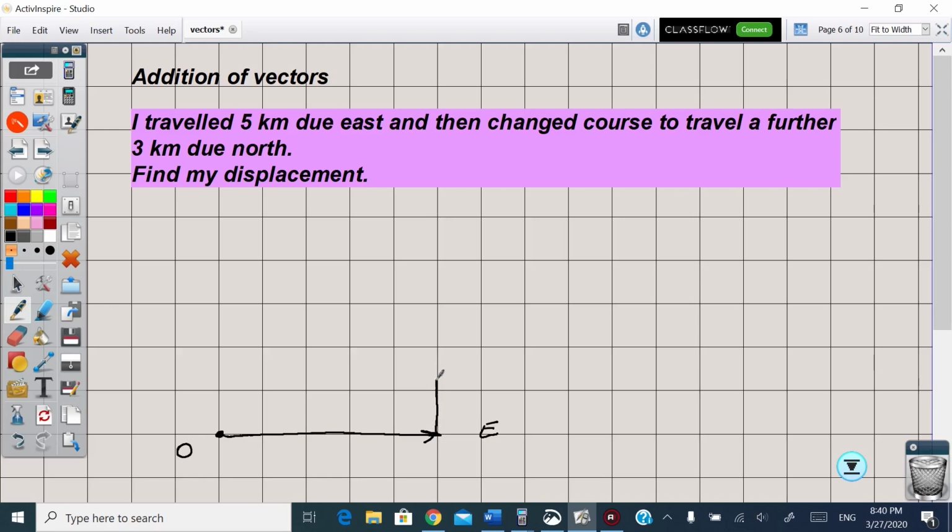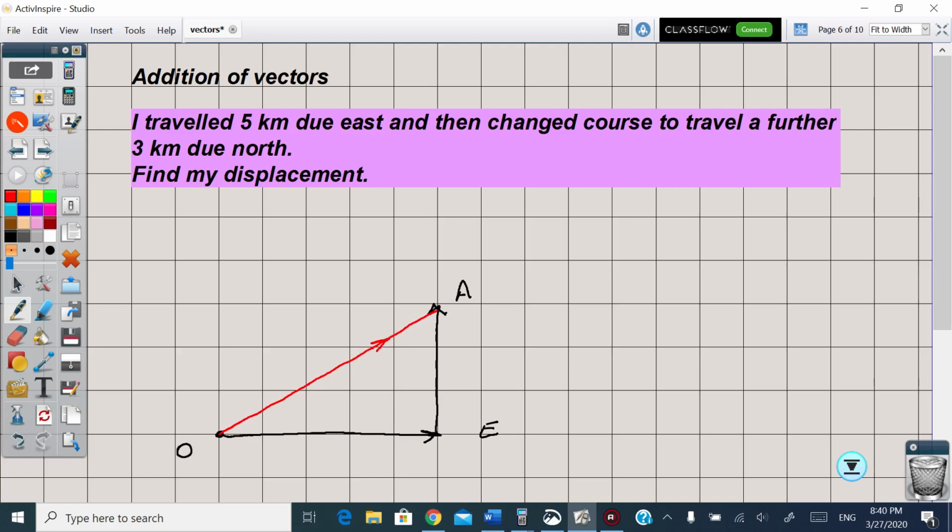So 1, 2, and 3, and this is my destination. Let's call this A. My displacement can be represented by this vector OA. It is the vector that takes me from the starting point to the finishing point.